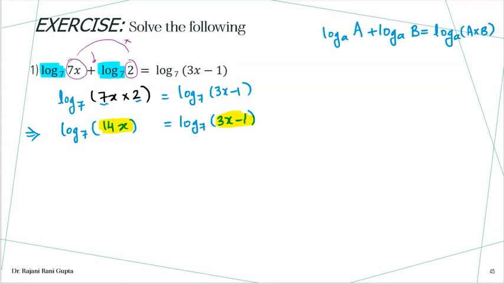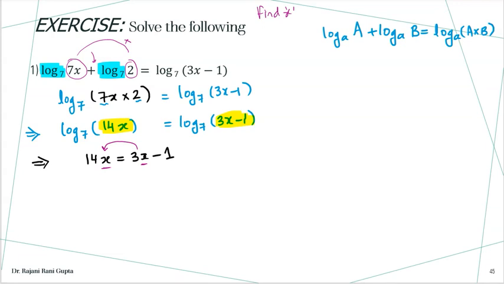So writing that down, we get 14x equals 3x minus 1. Now, when we have to solve it, it means we have to find the value of x. Here we have x in two terms, so we bring all the terms of x on the same side. Remember this?